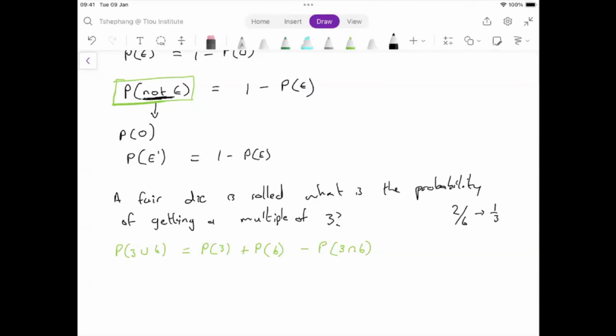That's the formula that we used, the addition rule. Now let's check. What's the probability of that? That'll be 1 over 6. Because that's a multiple of 3. It's only 3 and 6. Now the probability of 6 is just what? Now, can we get 6 and 3 at the same time? We cannot. And then this gives us 2 over 6, which is 1 over 3.